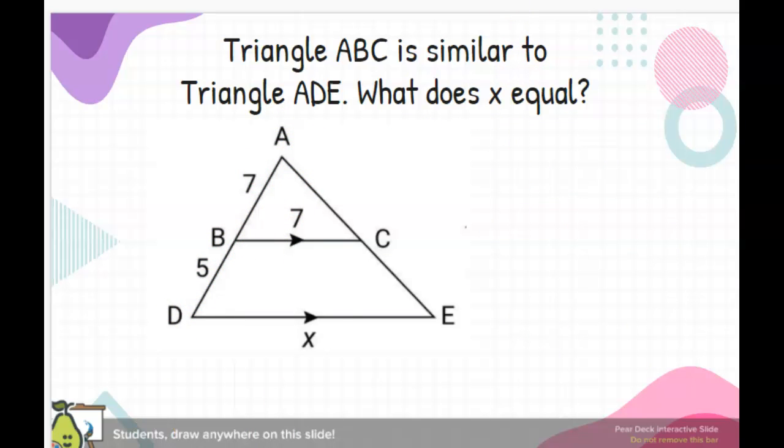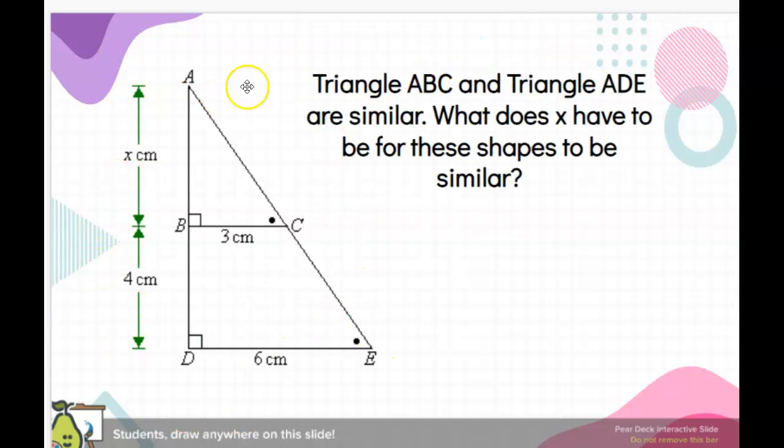Okay, next, this one is a little bit complicated. The big thing here is if you have answer choices, plug in your answer choices to X and then set up your proportion to see which one's proportional. You do see that the 3 times 2 would get me 6. So it would have to be X times 2 to go to the big one right here, okay?